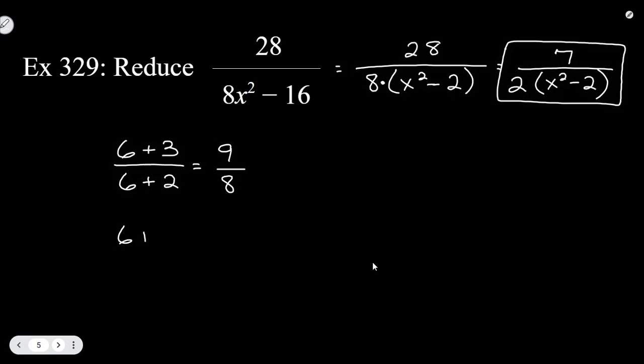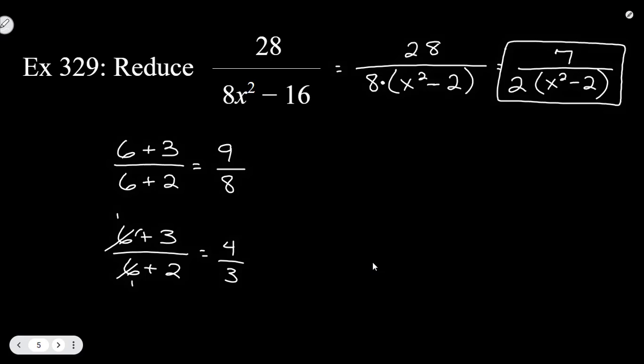But if we looked at that and thought to ourselves, oh, I see 6's, I'm going to cancel them out, even if we cancel them to be 1's, that would give you 4 on the top and 3 on the bottom. And you can see that's a totally different answer than what it actually should be.